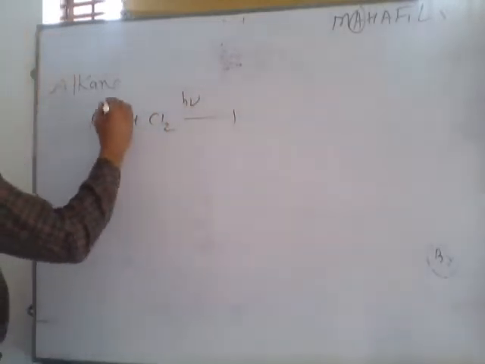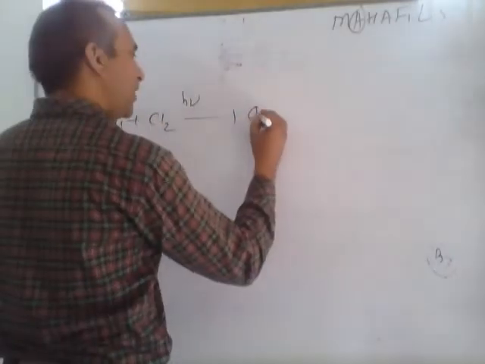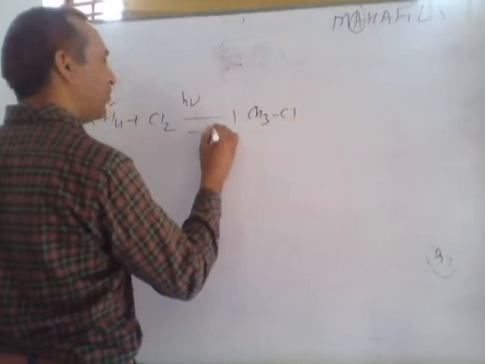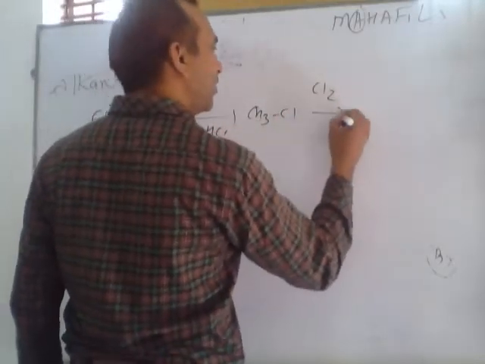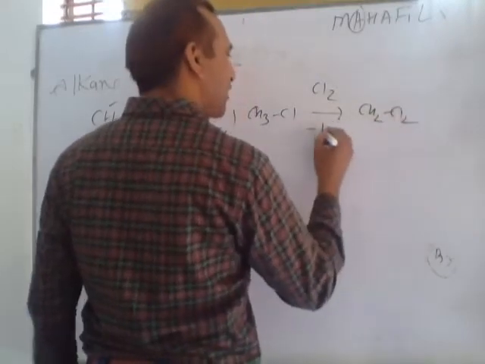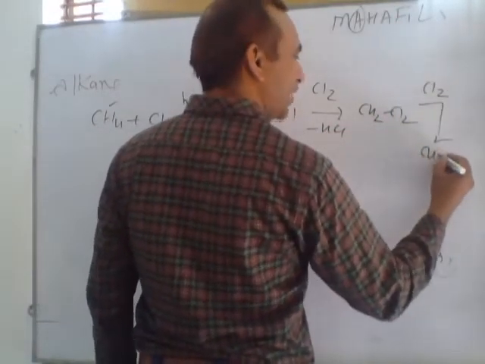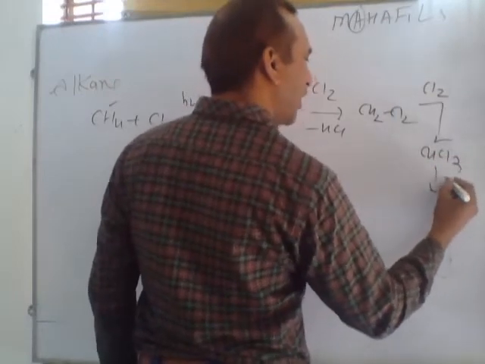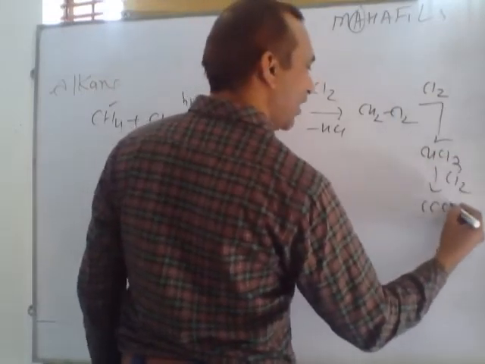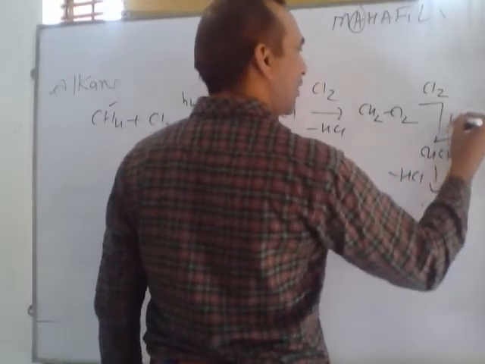So all the hydrogens of methane are replaced one by one. First CH3Cl, removal of HCl, again chlorine, CH2Cl2 forms with minus HCl, again chlorine, here CHCl3 forms, again chlorine, and last CCl4 is formed with removal of HCl.